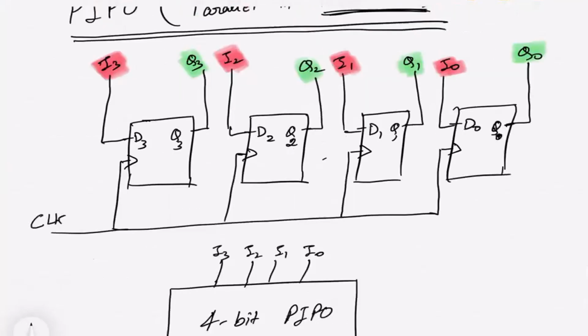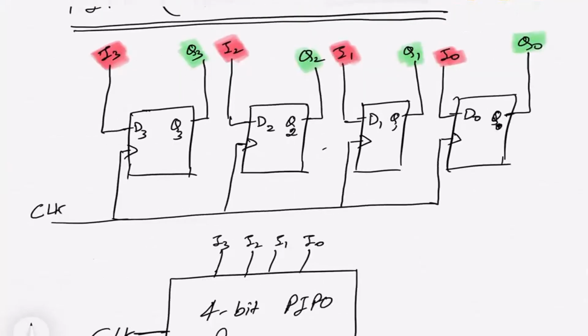So now we will see from here that if you want to store data, same as of previous case of parallel and serial out, you need only 1 clock pulse to store your data inside this architecture. And since whatever you have stored are reflecting at your output pins, you need not to give any clock pulse for retrieving your data.